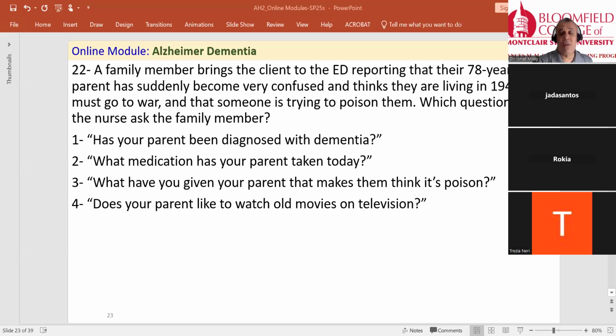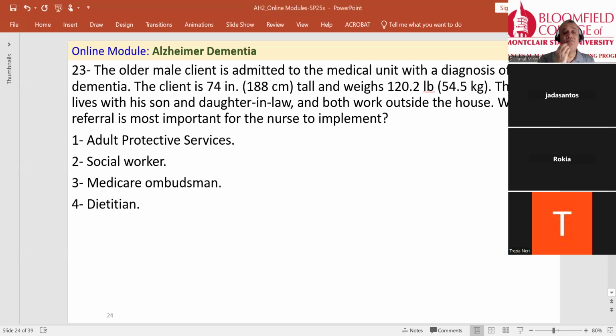Okay, number 23. The older male client is admitted to the medical unit with a diagnosis of dementia. The client is 70 inches tall, and his weight is 120.2 pounds.